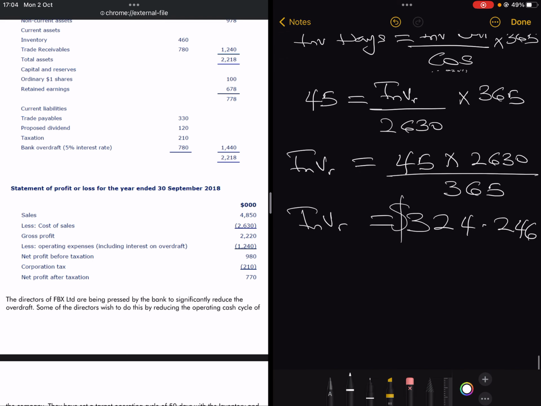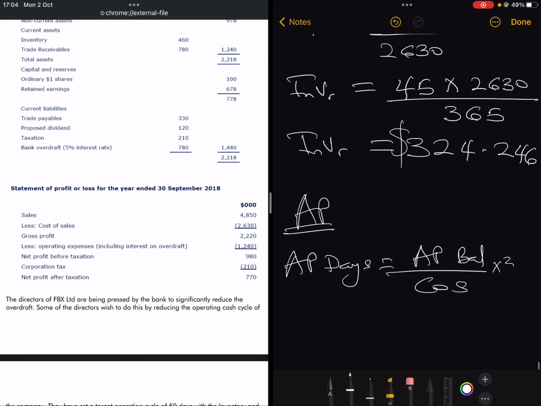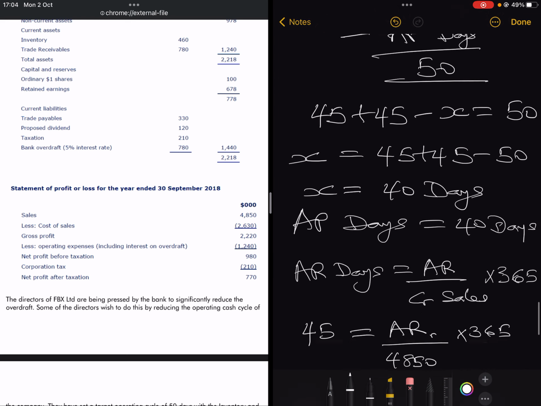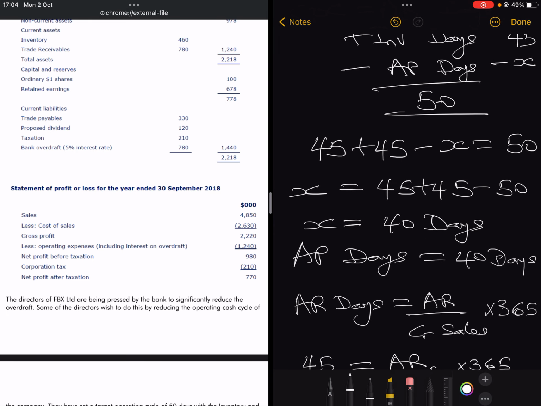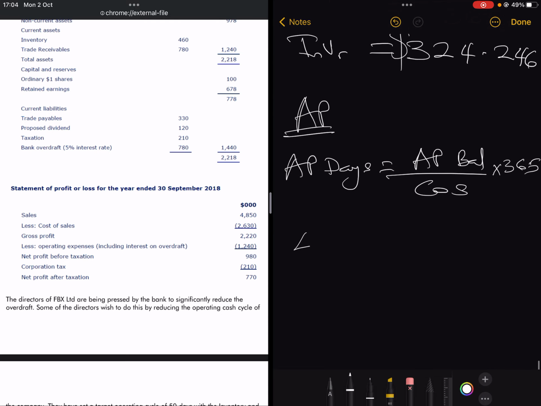And lastly, the revised account payable. Remember, the account payable days formula says AP balance divided by cost of sales multiplied by 365. AP days that we calculated here is 40 days. So 40 days equals AP revised divided by cost of sales, which remains at 2630, multiplied by 365.